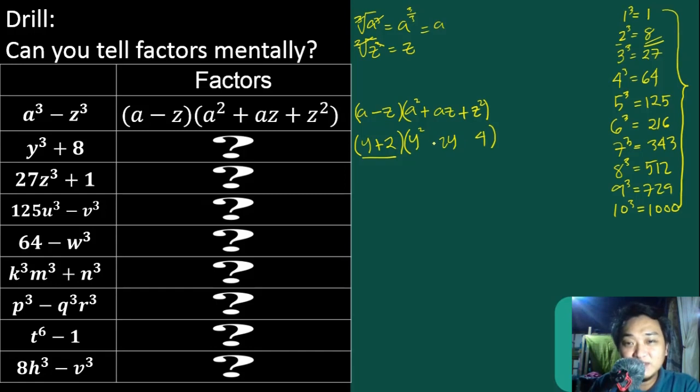At ano yung magiging sign ng ating middle term? That will be minus or negative. The rest are plus. Ganun lang kasimple. Tingnan natin kung tama yung factors natin. Okay, so tama: y plus 2 times the quantity y squared minus 2y plus 4.